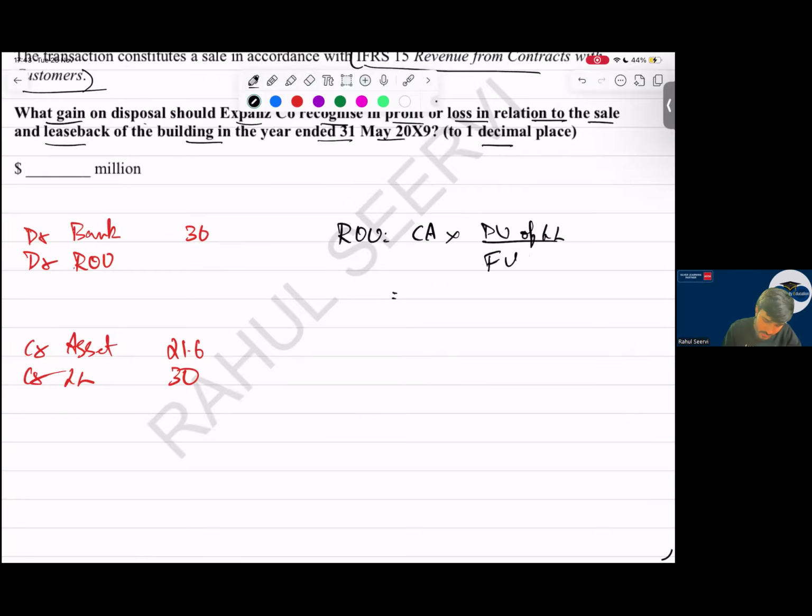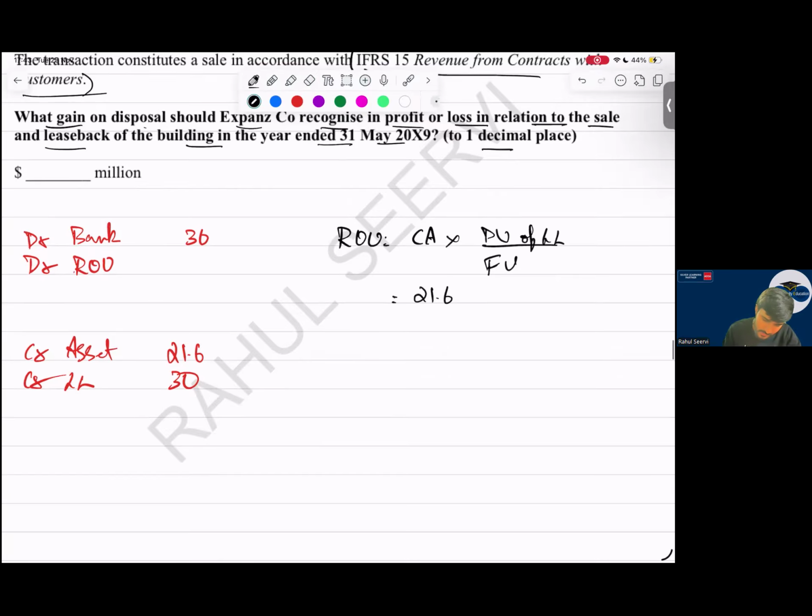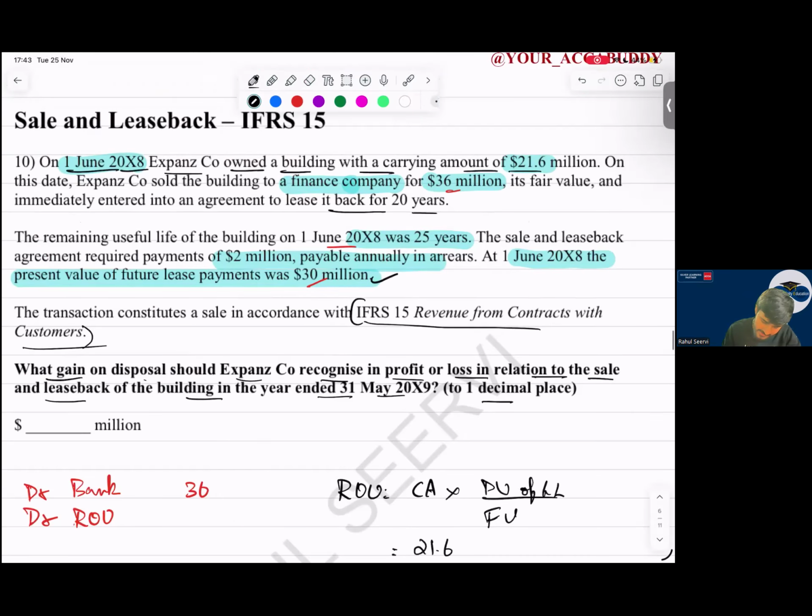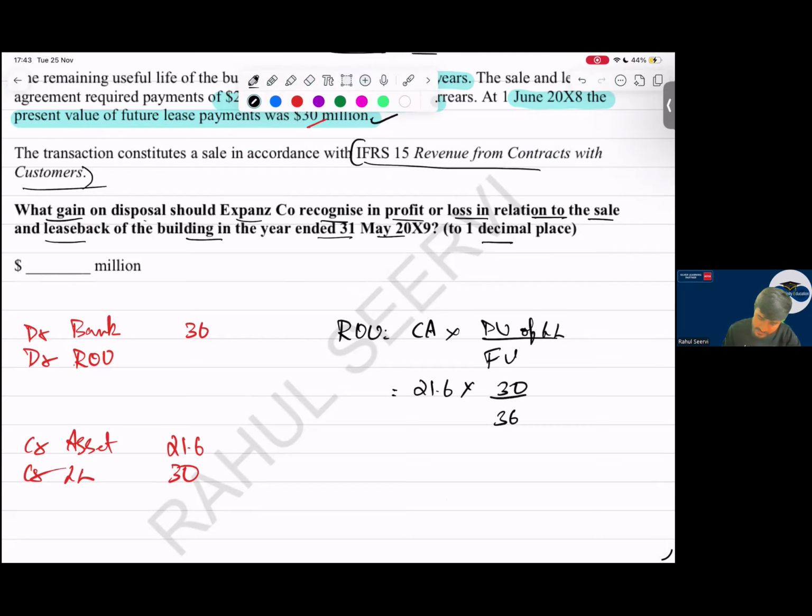So carrying amount is 21.6, into present value 30, fair value was 36. If you do this, 21.6 into 30 divided by 36, it is 18. So ROU is coming to 18.